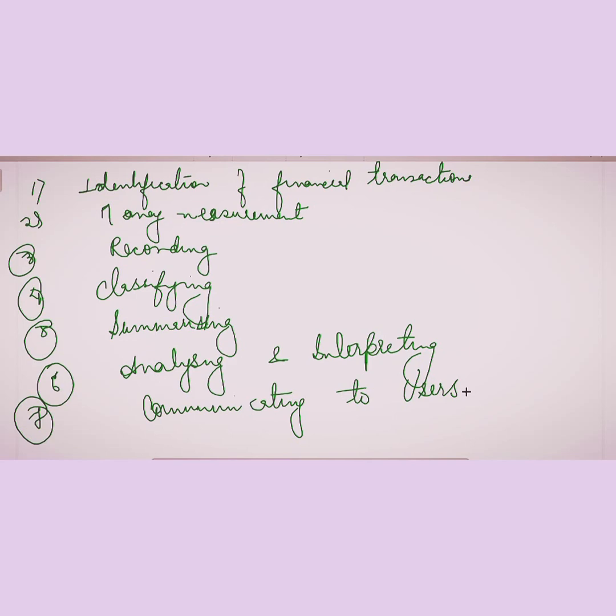So how to remember all these seven steps? I will tell you the mnemonic, and it will be remembered in a few seconds. Identification, I. Money measurement, M. Recording, R. Classifying, C. Summarizing, S. Analyzing and interpreting, A. Communicating to users, C. So the result is IMRCSAC.